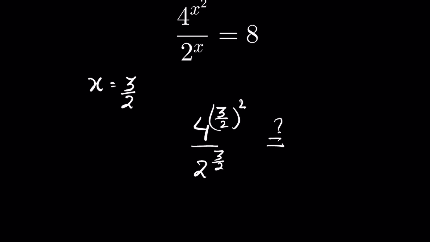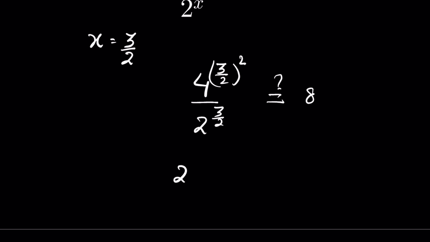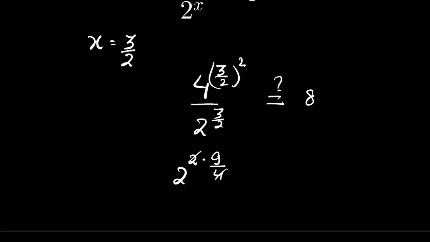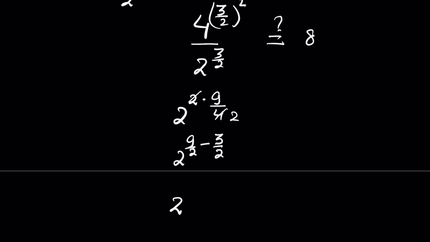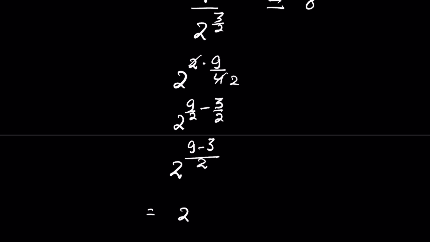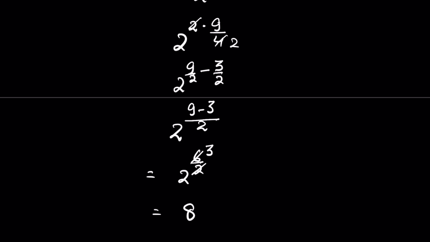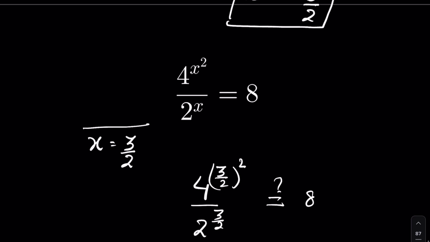Check whether it is equal to 8. 4 is 2 square, so 2 times 3 upon 2 square is 9 upon 4. 2 times 9 upon 4 is 9 upon 2, so it is 2 raised to the power of 9 upon 2 minus 3 upon 2, or it is 2 to the power of, with common denominator, 9 minus 3 upon 2, which is equal to 2 to the power 6 upon 2, that is equal to 2 to the power 3, which is equal to 8. Therefore LHS is equal to RHS. So this is also correct.